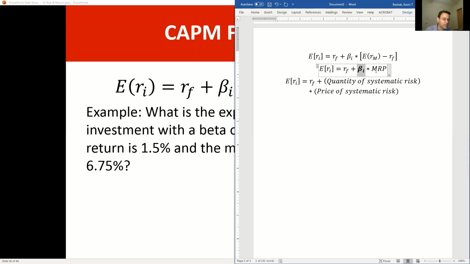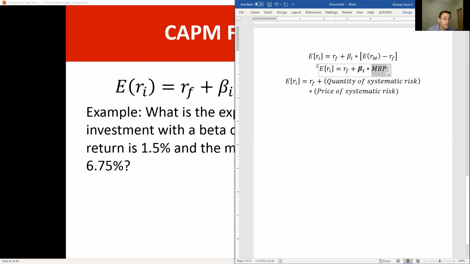Different investments are going to have different systematic risks. The risk-free rate, that's the same for everybody. If you want to use the CAPM to calculate the expected return on Apple versus the expected return on HEB, you're going to use the same risk-free rate because that's determined solely by the treasuries.